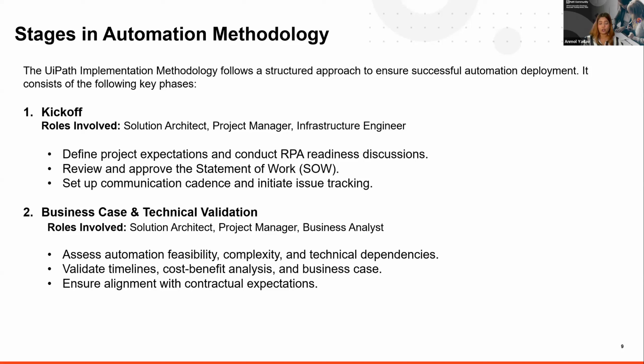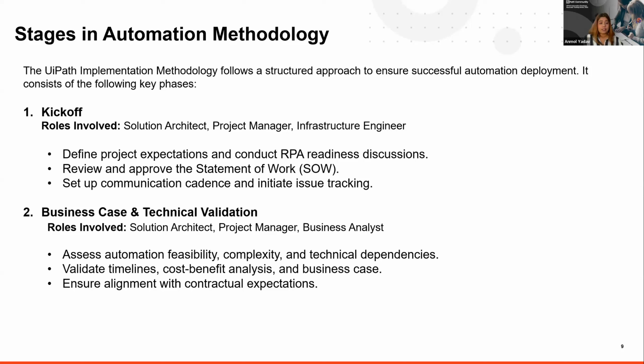That's the communication cadence and escalation path that you set up at the very initial stage of the project, which is called kickoff. At this stage, you would also do an early examination of the client's environment, and infrastructure should be initiated. That's the whole reason why you would have an infrastructure engineer in this phase, and they would answer very basic questions as well.